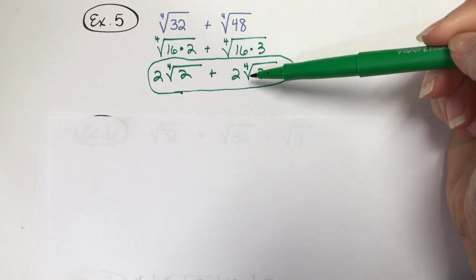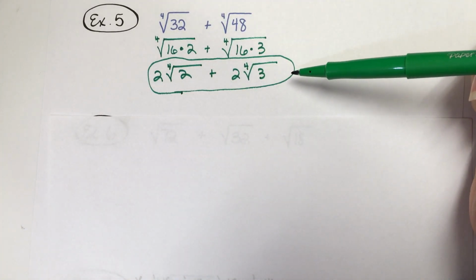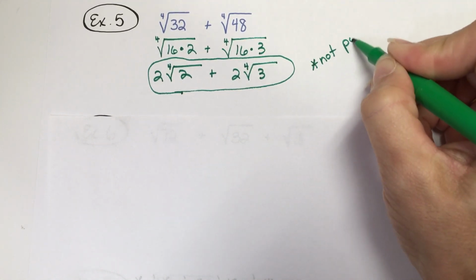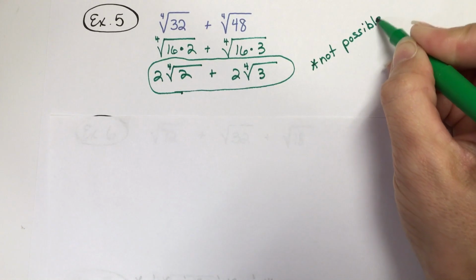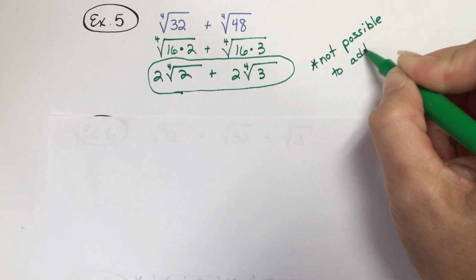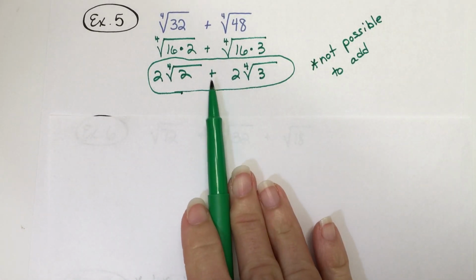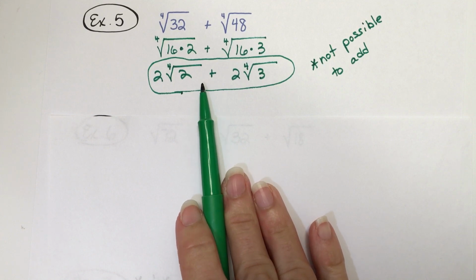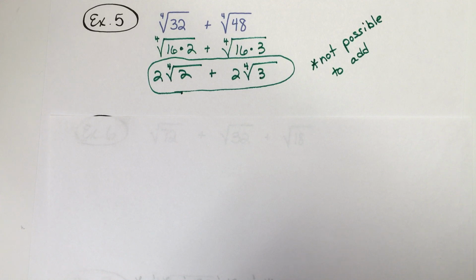You were able to do some simplifying, but it's not possible to add. Okay, so by them listing this in the back of the book, clearly you can tell you were not able to add those together because they're still 2 separate terms.